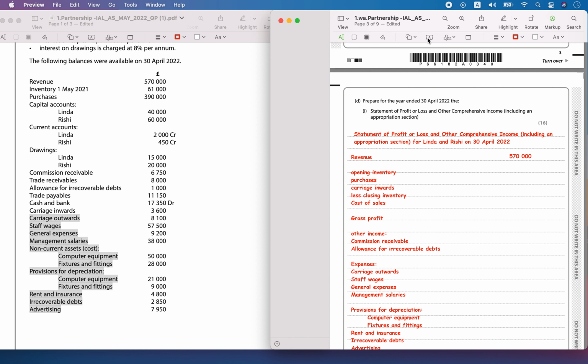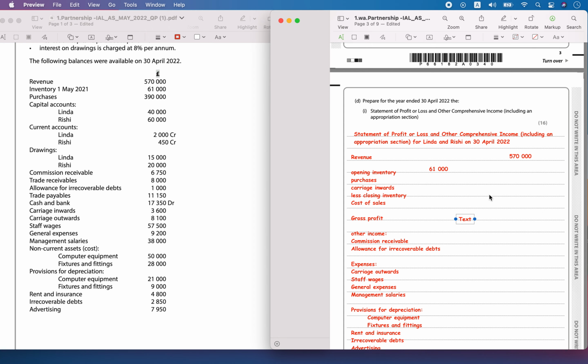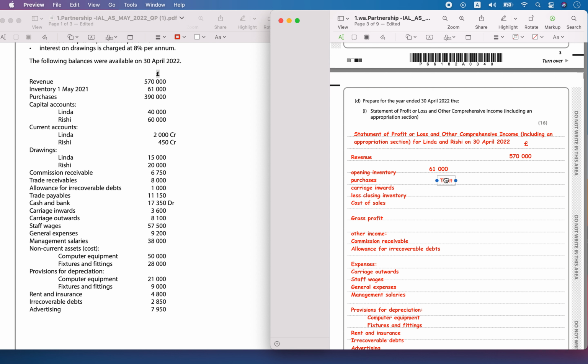Then we have the opening inventory, 61,000. Everything is in pounds. Then purchases is 390,000. Then we have the carriage inwards, 3,600.